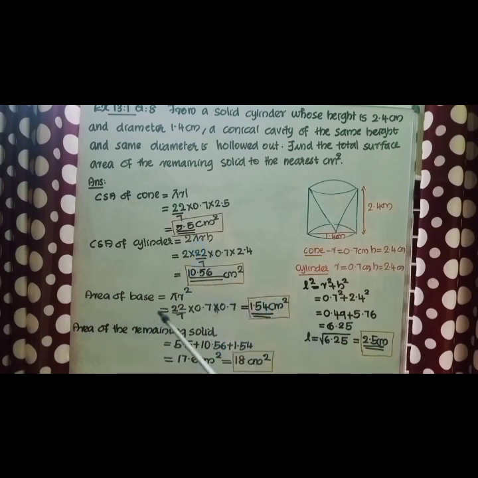Therefore, area of the remaining solid equal to CSA of cone plus CSA of cylinder plus area of base, that is equal to 5.5 plus 10.56 plus 1.54, that is equal to 17.6 centimeter square. Here it is given, find the area to the nearest centimeter square. So let us round it, we get that is equal to 18 centimeter square.